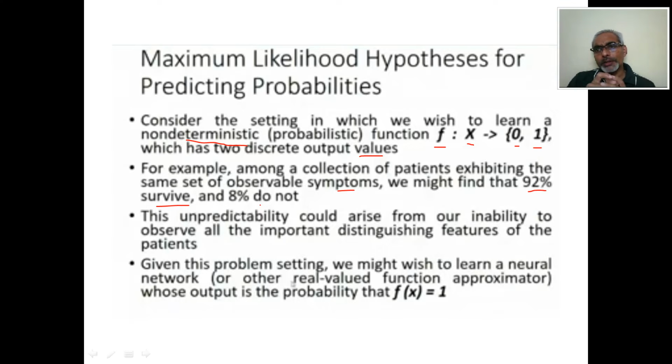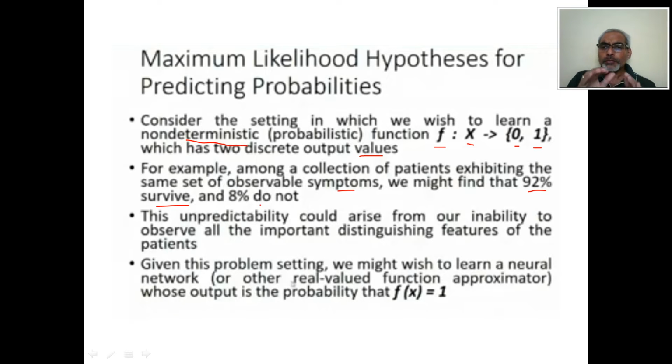Now for that particular disease you have some symptoms and we are going to state a hypothesis. What is that hypothesis? It says that 92% of the patients survive from this particular cancer or disease, any disease you can say, and 8% do not. So 8% are not going to survive, or they die.